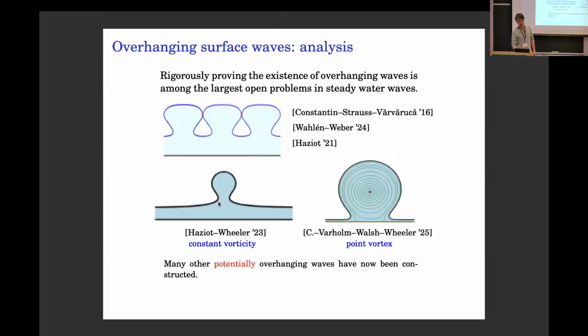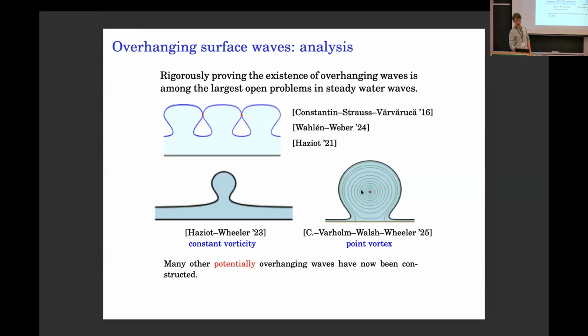So these two are examples of the solitary setting, where you have an infinite extent of the fluid. This is the work by Hur and Wheeler, where they considered exactly this constant vorticity, but in a solitary wave setting. And last year we had a result where the vorticity is very concentrated. It's a point vortex.